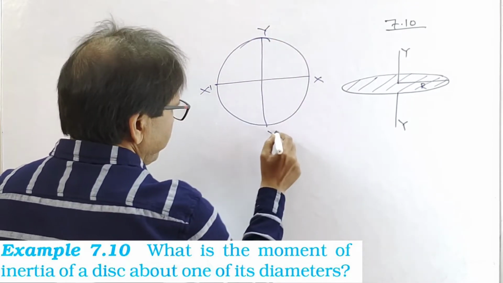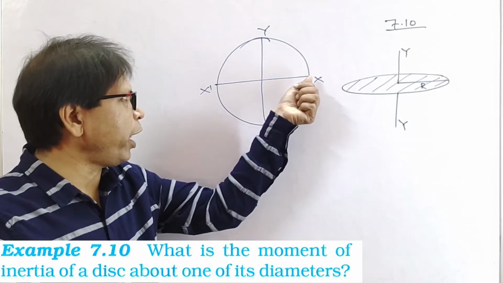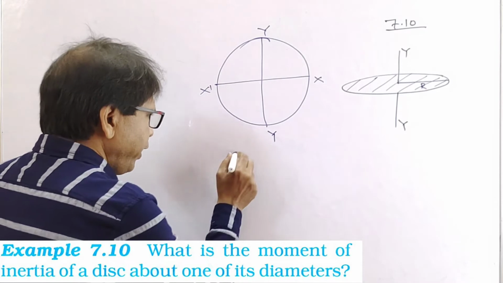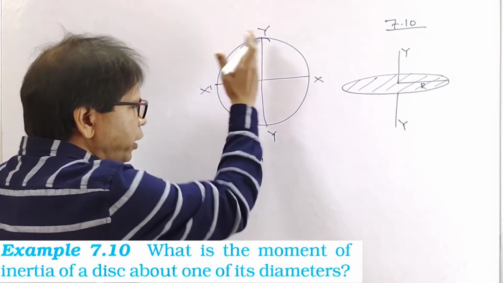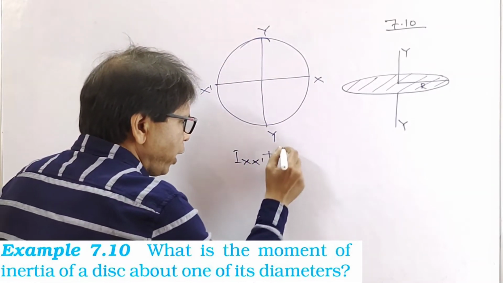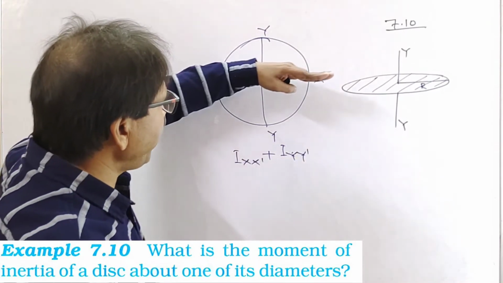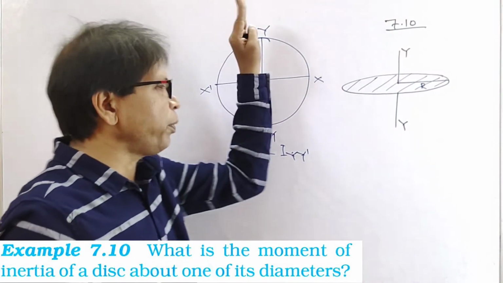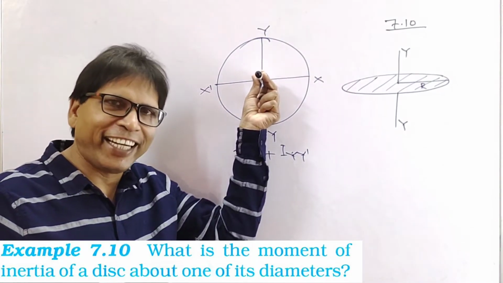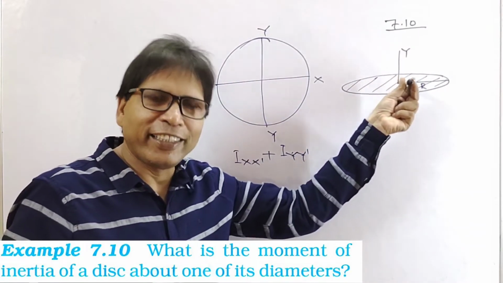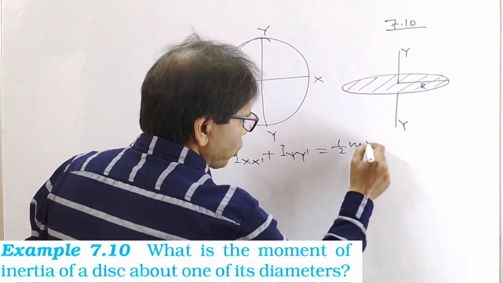Consider the moment of inertia of the disk about x dash is I x dash, and about y dash is I y dash. Now the moment of inertia about the x-axis plus the moment of inertia about the y-axis is equal to the moment of inertia about the z-axis, which is given here, half mr square.